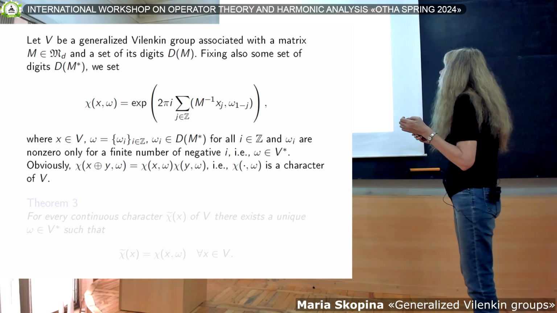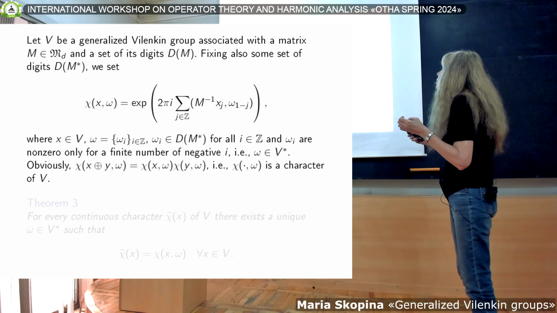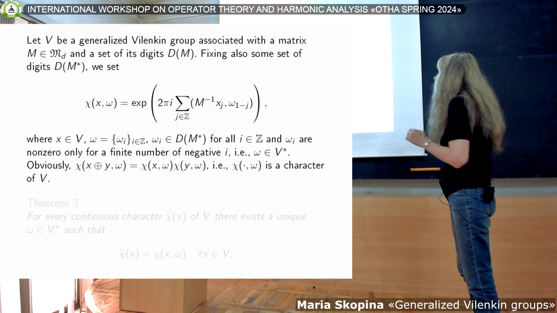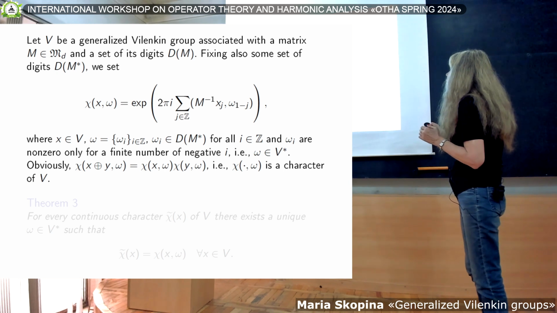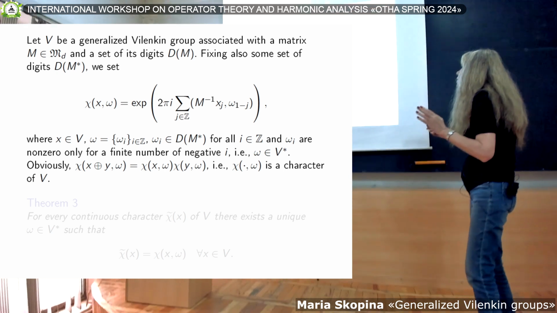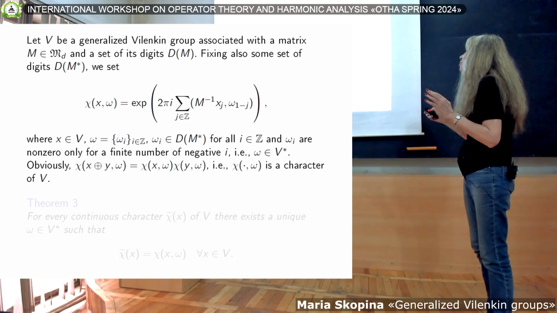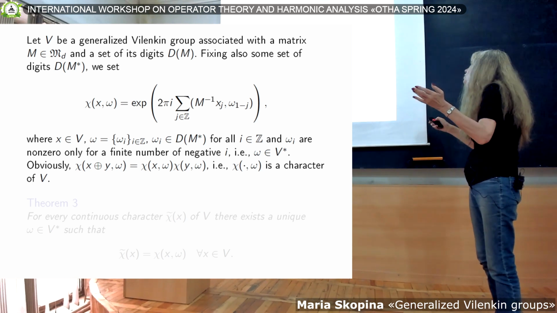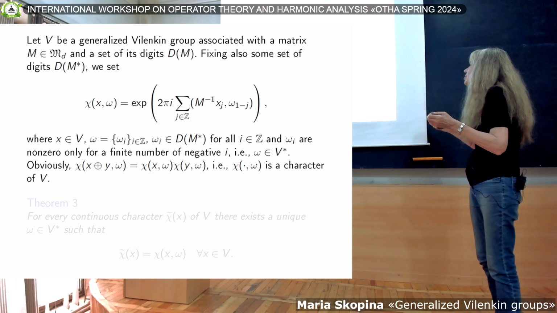Let us fix omega and define such a function of x from our generalized Vilenkin group V by this formula. For classical Vilenkin groups it is just the same formula with the matrix.